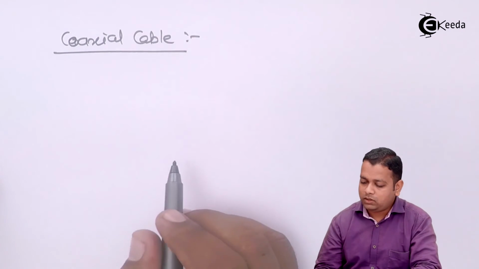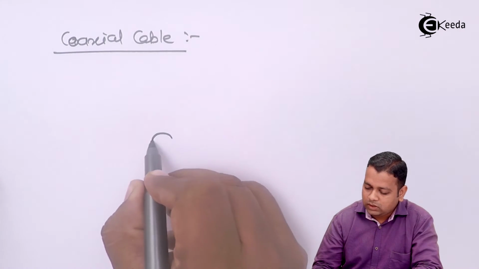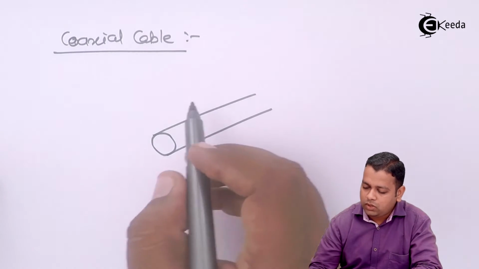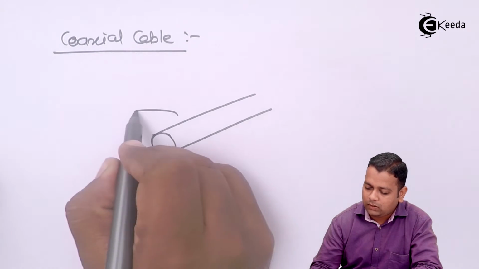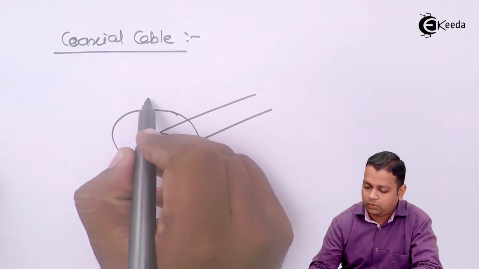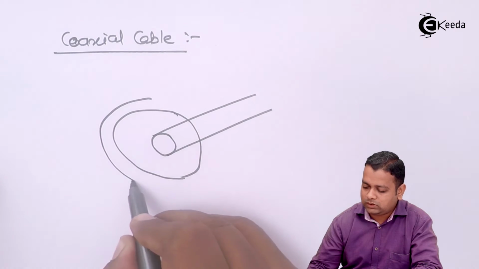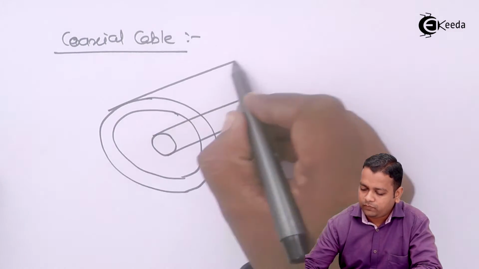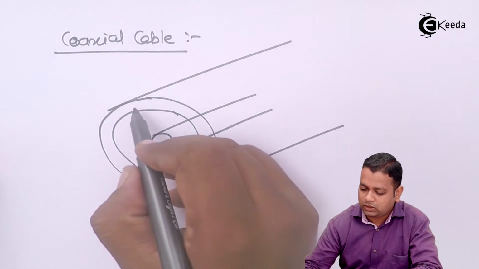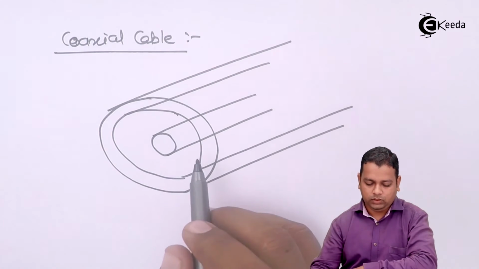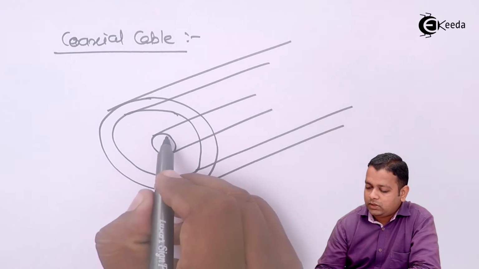It has two conductors. One is running centrally and another is running surrounding it, and both follow the same axis. So considering the symmetry of the diagram, you can just imagine here, this is the coaxial cable. Here, this is the central conductor.